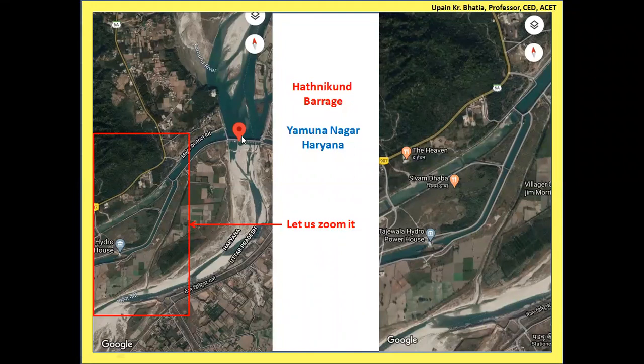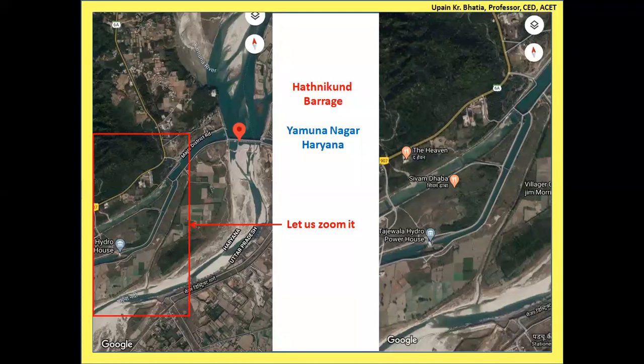So here we discussed that this diverted water, into this canal, we have almost immediately diverted it further for power generation. Here we have a powerhouse, and this water which is diverted over here, because it is to be used for power generation, it will be running the turbine blades.